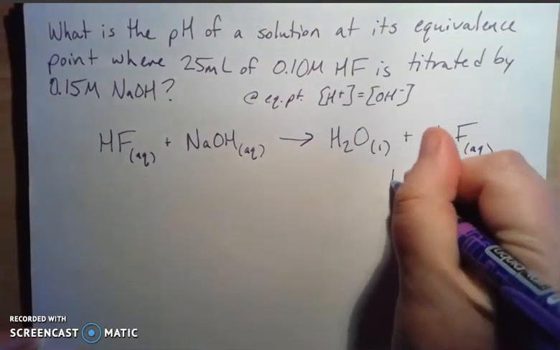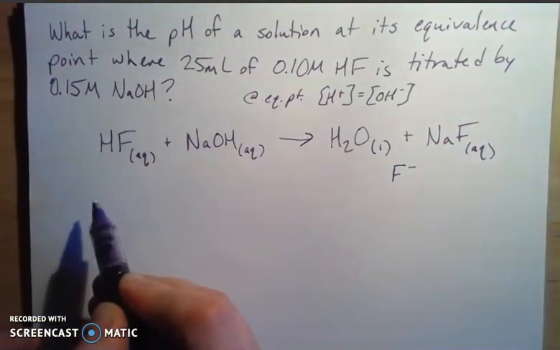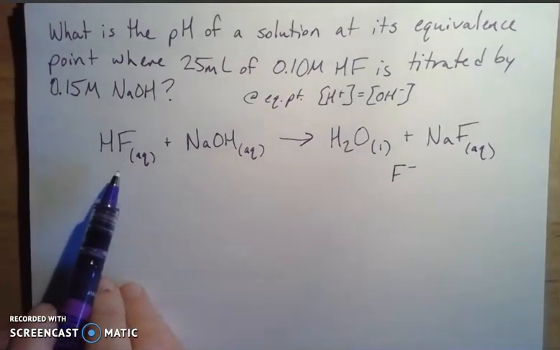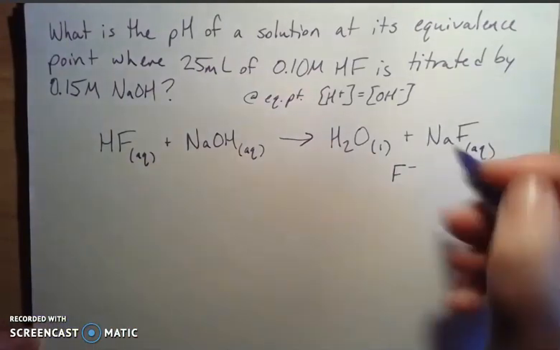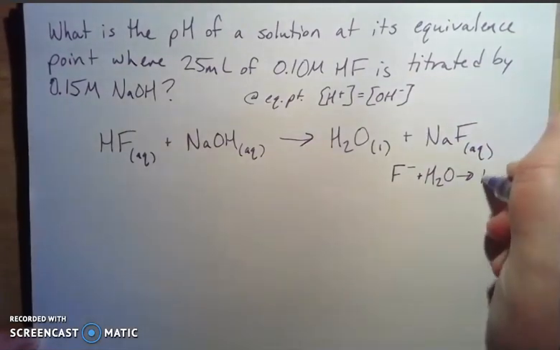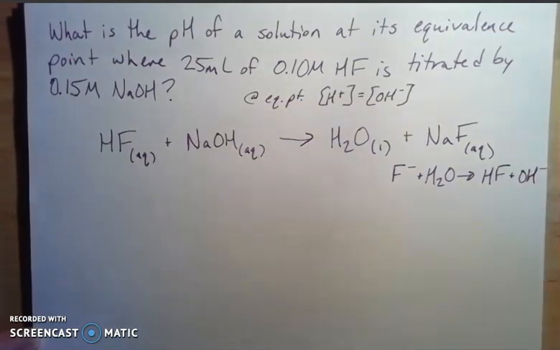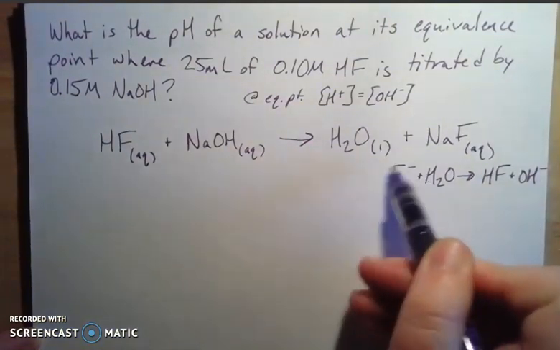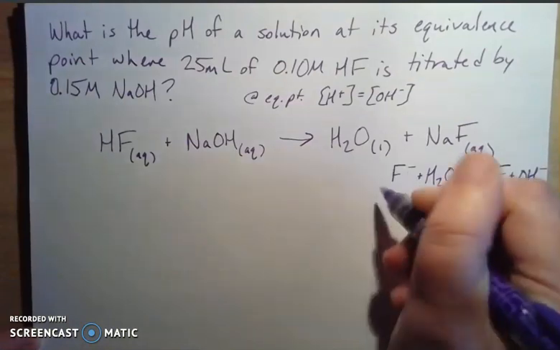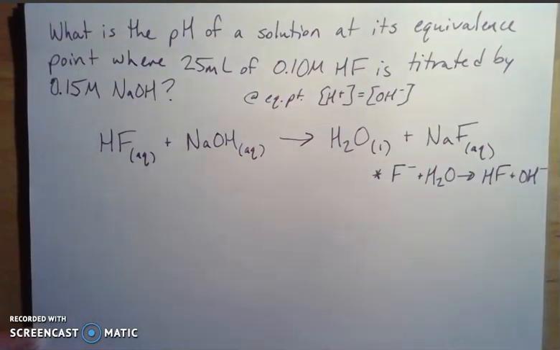But the fluoride ion, because it's coming from hydrofluoric acid, and even though hydrofluoric acid is a scary acid, it's still a weak acid. When fluoride reacts with water, it hydrolyzes it, forming or reforming hydrofluoric acid, and then my hydroxide ion. So this hydroxide ion and how much fluoride I have in solution, this little side reaction here, is going to cause all of the change in pH.